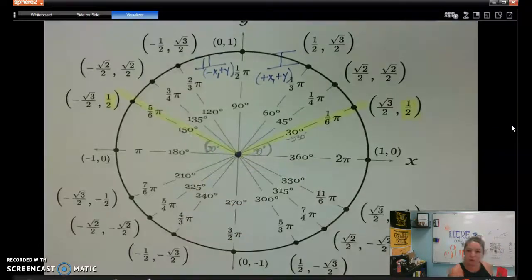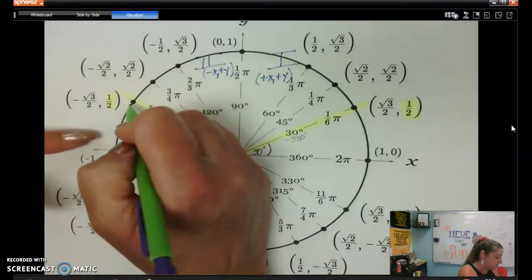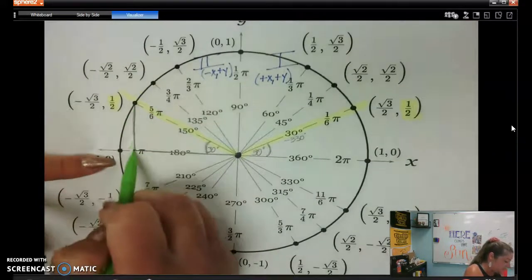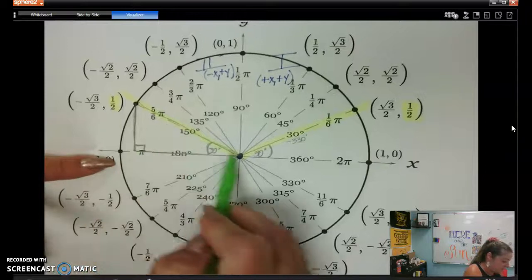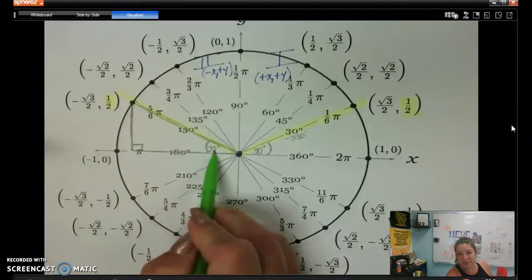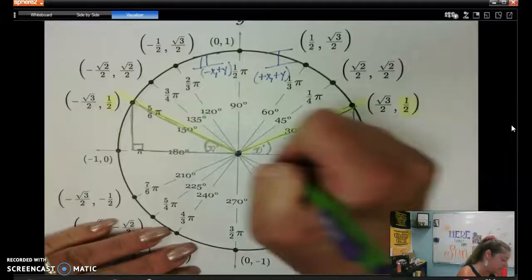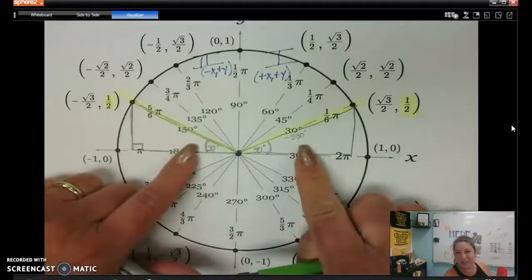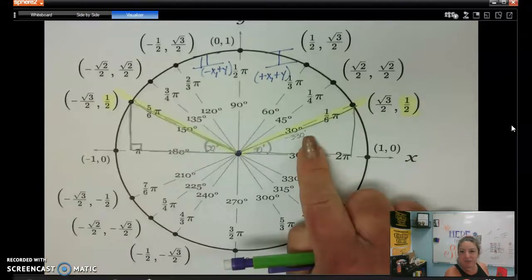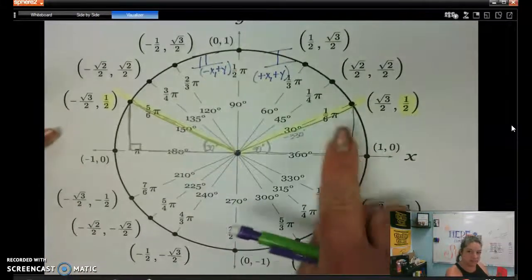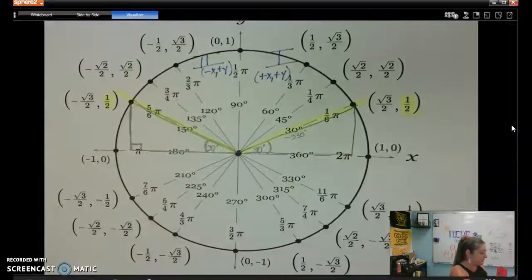Do you remember when we drew those triangles? If I were to drop this perpendicular, this triangle right here, this angle is still 30 degrees. That's the same triangle that would get built over here. And so we don't need to necessarily look at both of them. So this angle is fine, okay? Remember, pi over 2 is 90 degrees, so this angle is perfectly fine.